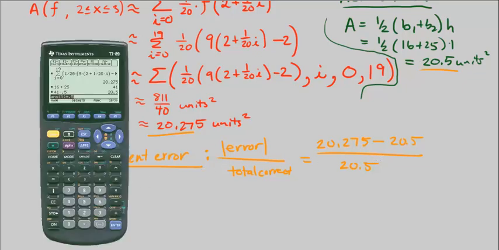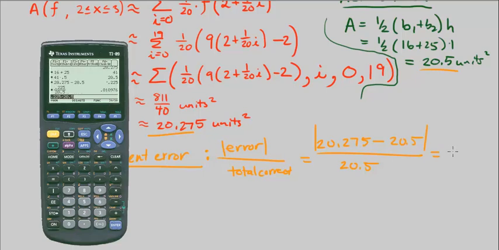All right? So put in our calculator, 20.275 minus 20.5 is negative 0.225. But again, it's the absolute value because we just want the error amount. So it's 0.225 divided by 20.5.